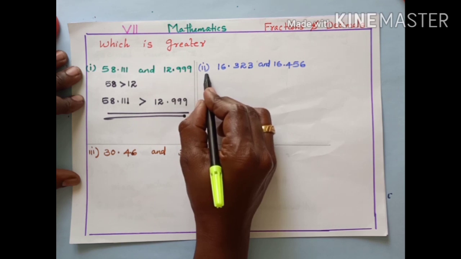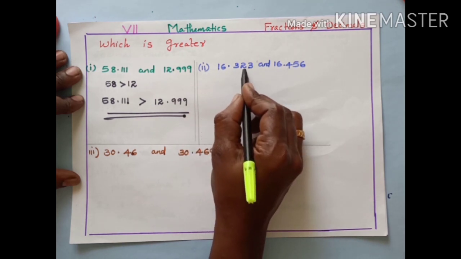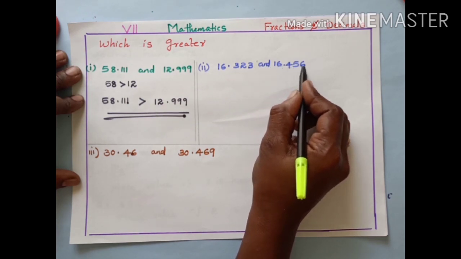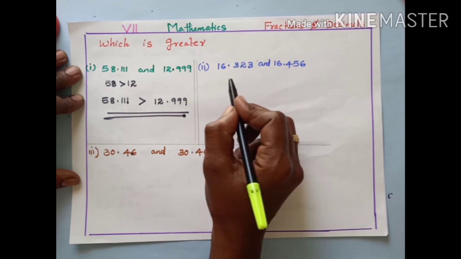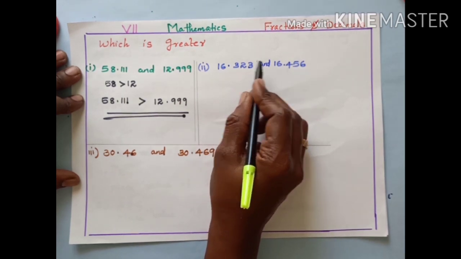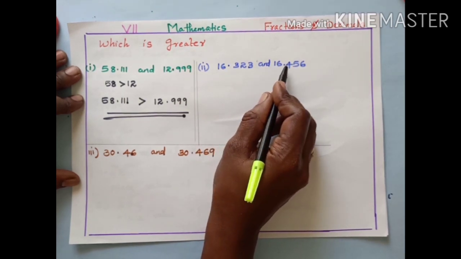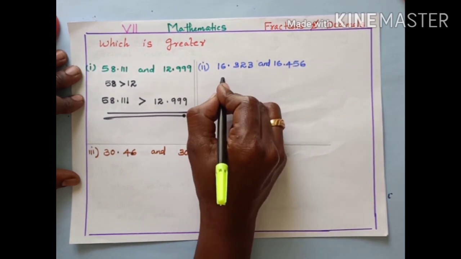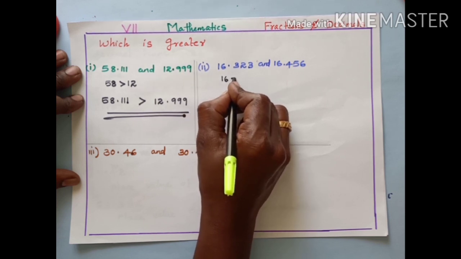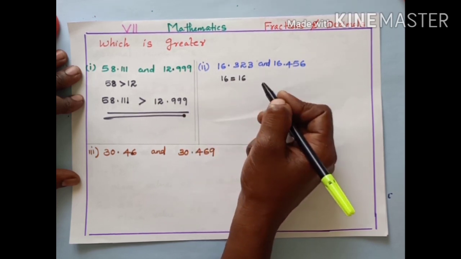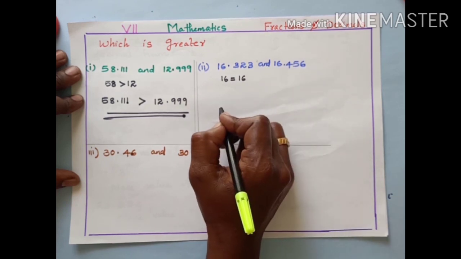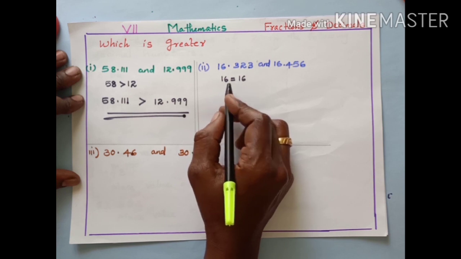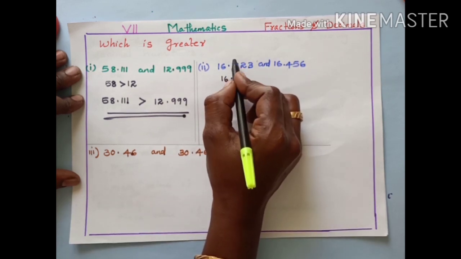Listen to the second question. 16.323 and 16.456. So first compare the whole number. These two decimal numbers have 16 as the whole number. That means the whole numbers are equal, both are the same. So the next step is, if the whole number portion is the same, compare the tenths digit.